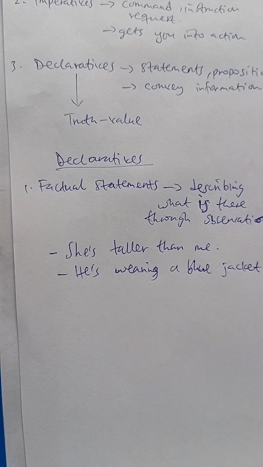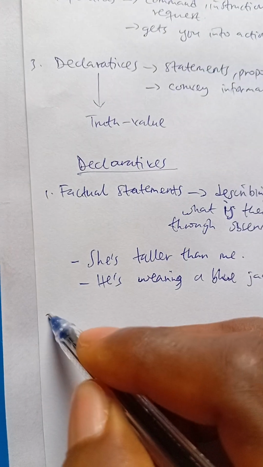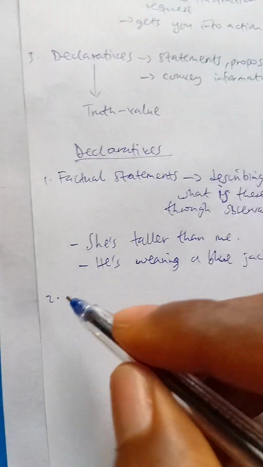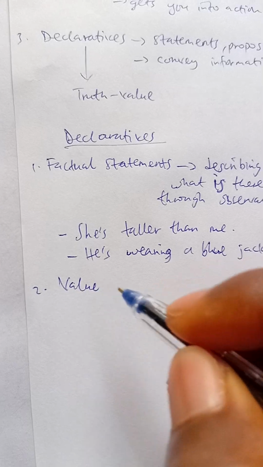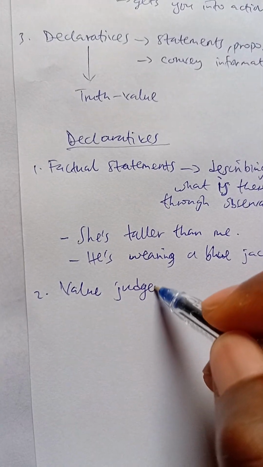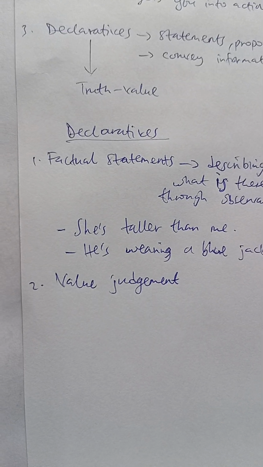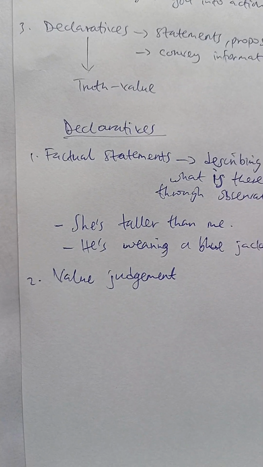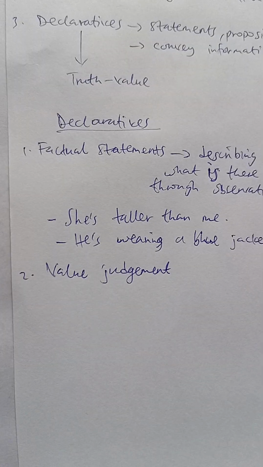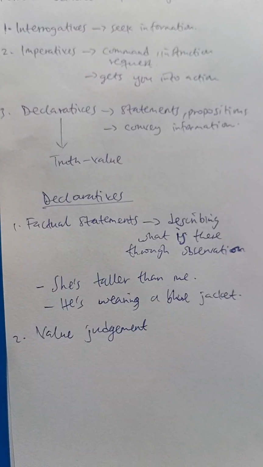Let's look at the other aspects of declaratives. The other type we call value judgment. Here you are prescribing or evaluating how something or someone should be.